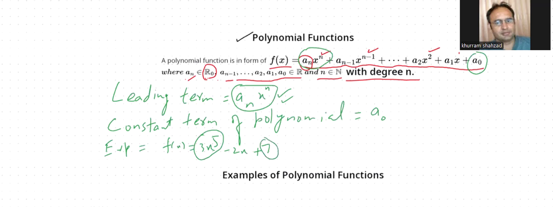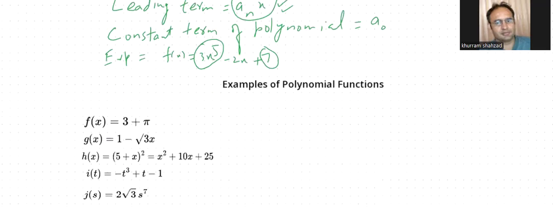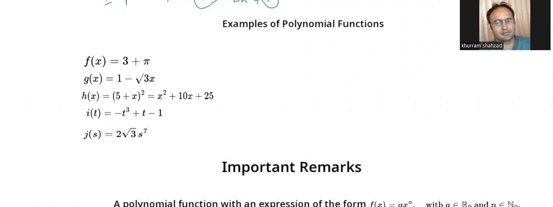Okay, now I'm going to discuss a few examples of this polynomial function. First of all, number one example, f of x is equal to 3 plus pi. So this is an example of a polynomial function. You can see that on the right hand side, there is no x involved here.